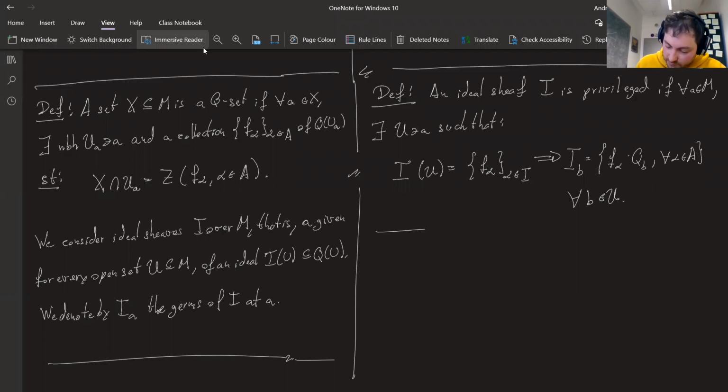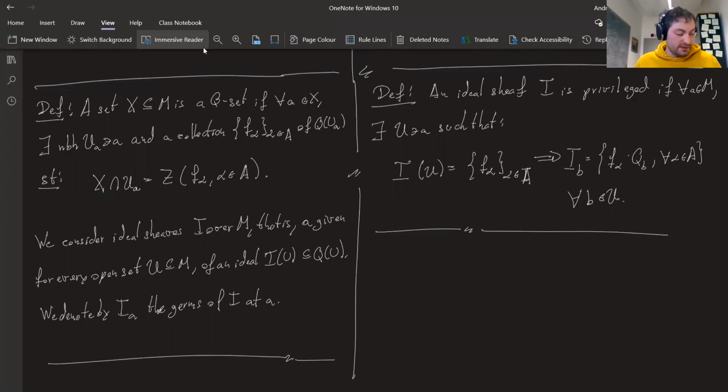This is what we're going to call privileged. If the rings are Noetherian, as in the analytic case, we normally don't talk about privilege, we talk directly about finite type ideals, because then the index set is going to be finite. But here we're not asking anything about this index set. It's just an index set. The only thing we're asking is that these functions are global over U.